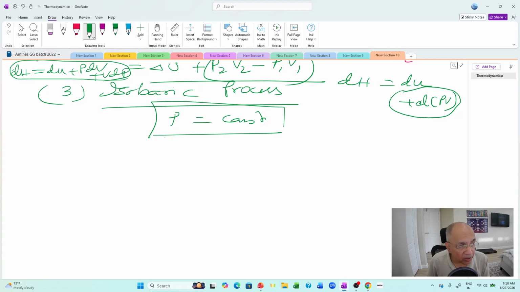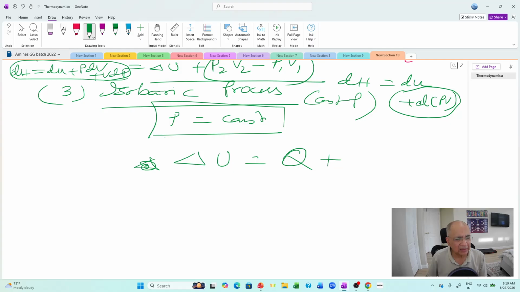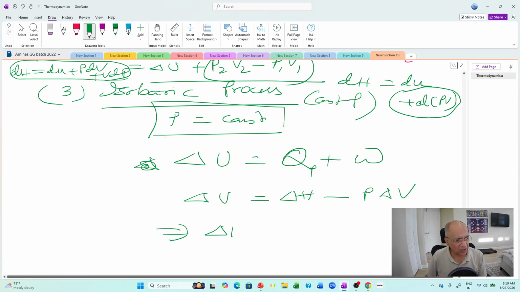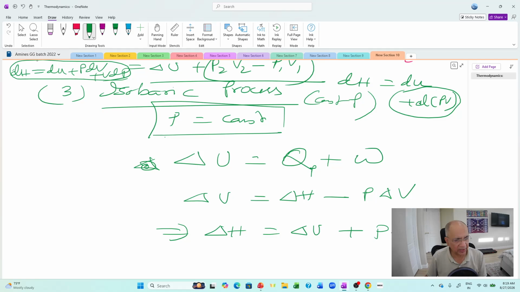So in an isobaric process, constant pressure, simply our first law will be del U is equal to Q plus W. Constant pressure means del H, and W is minus P del V. So del H is equal to del U plus P del V.